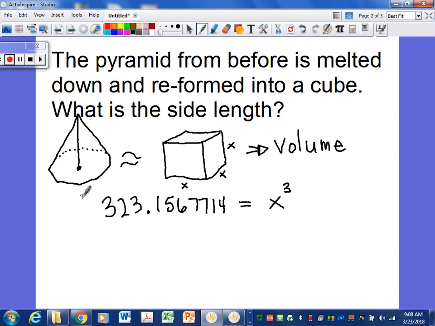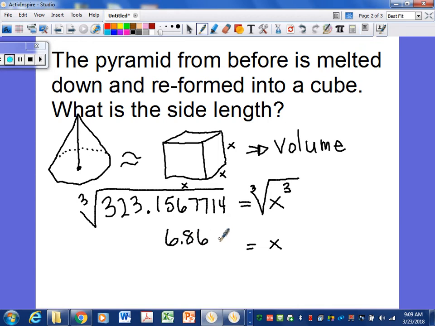So to solve this, we simply need to cube root both sides. And that tells you what the side length of your cube is. And my calculator says that is 6.86. I believe the units were centimeters.